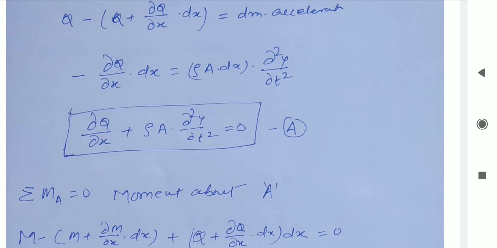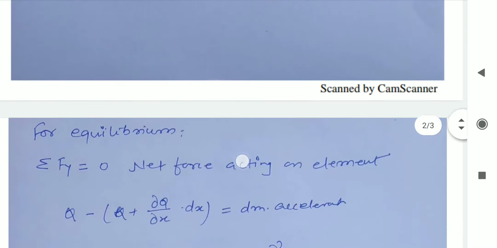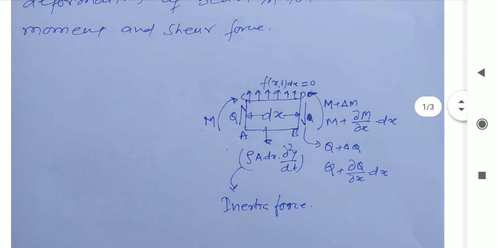Next we obtain the moment equation. Here there are two types of forces, shear force and bending moment. So we also take the moment equilibrium, about A. The responsible moments are M and M plus delta M, and the shear force also produces a moment.